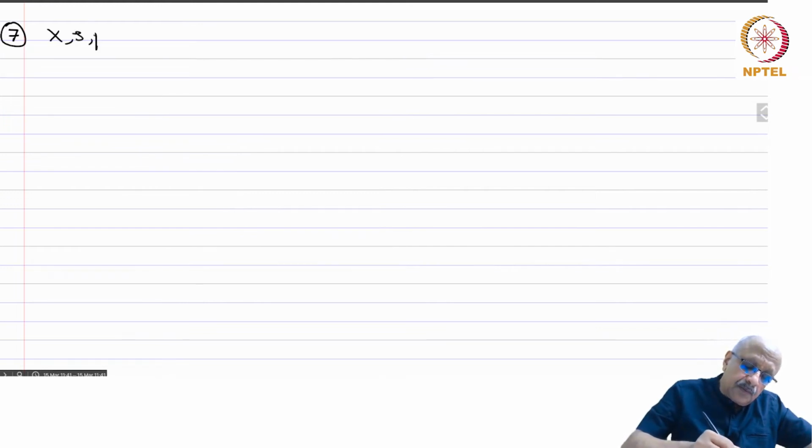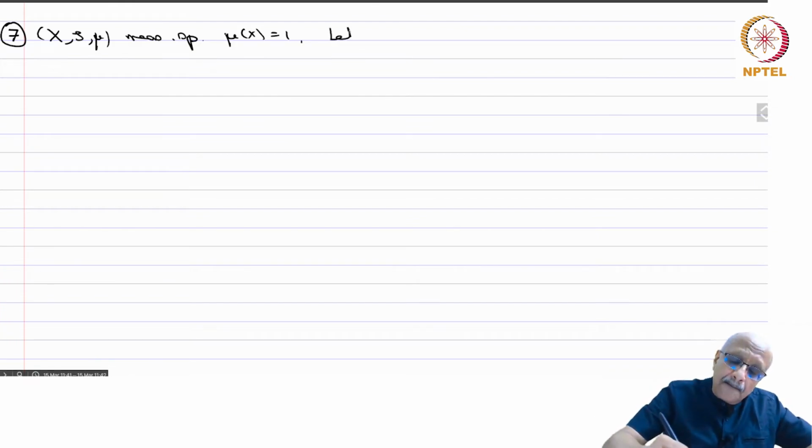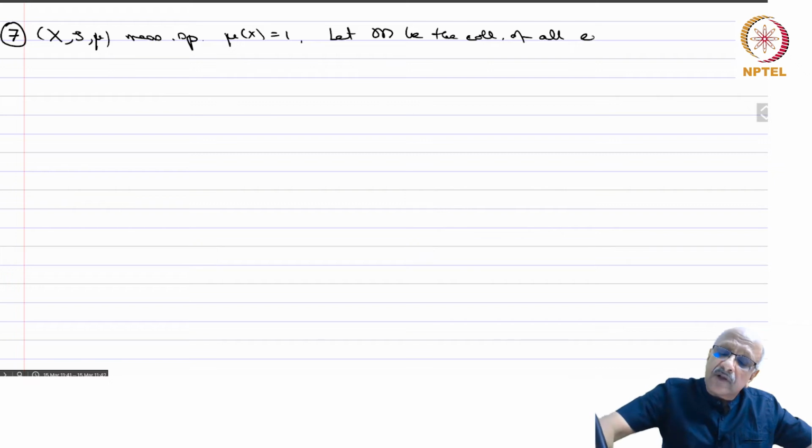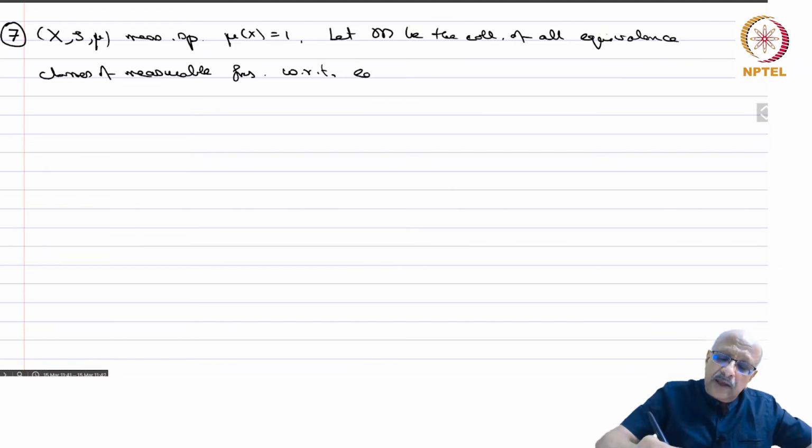Let (X, script M, mu) be a measure space, mu of X equal to 1. So let M be the collection of all equivalence classes of measurable functions with respect to equality almost everywhere.